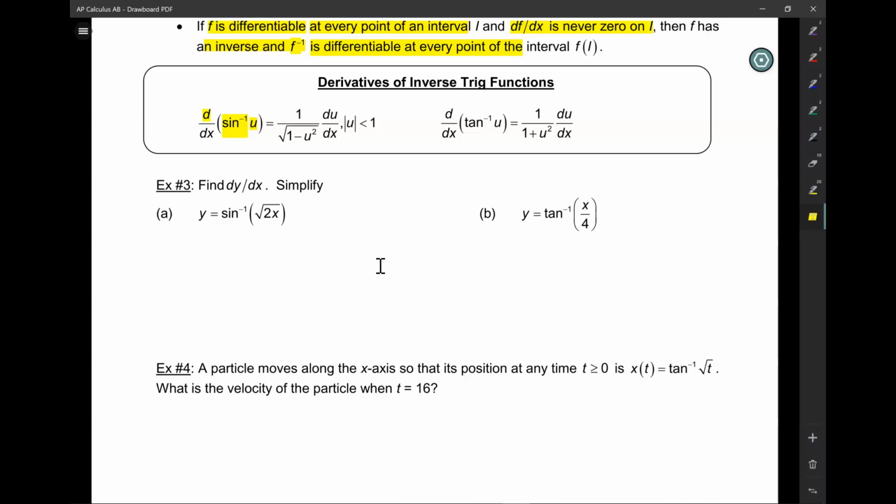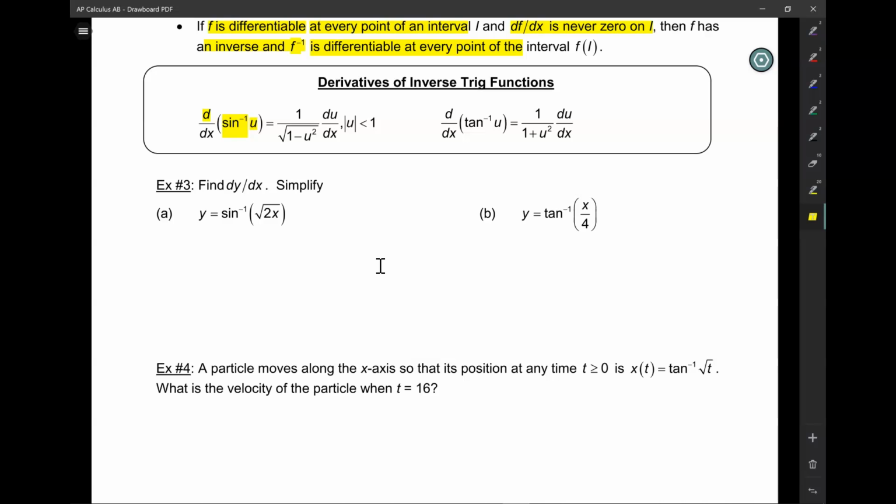What's the derivative of sine of x? Cosine. And what's the derivative of tangent? Secant squared x. So you see how the derivatives of the trig functions are also trig functions, but the derivatives of inverse trig functions are not.